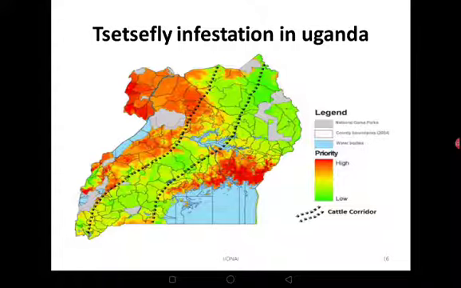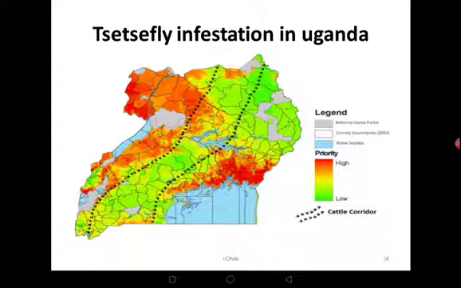So in Uganda particularly, we have a number of areas that have been found to contain these tsetse flies. From that map you can see the red areas are the high risk areas, and then the green areas are the low risk areas. So from there you can see areas around Lake Victoria, very high risk. The Busoga region of Lake Victoria is high risk.